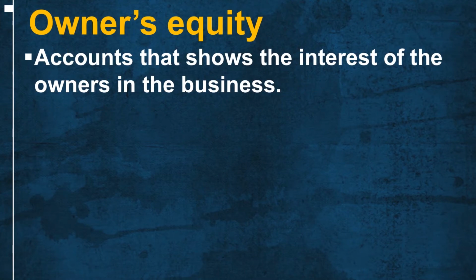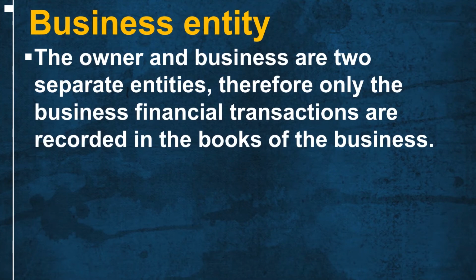Owner's equity, accounts that shows the interest of the owners in the business. Business entity, the owner and the business are two separate entities. Therefore, only the business financial transactions are recorded in the books of the business.